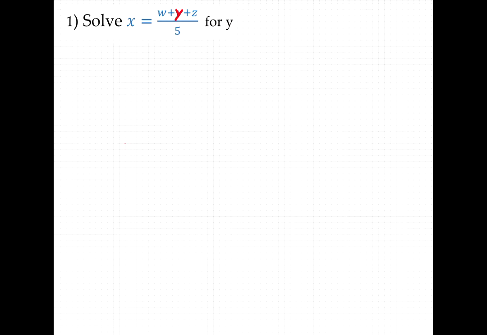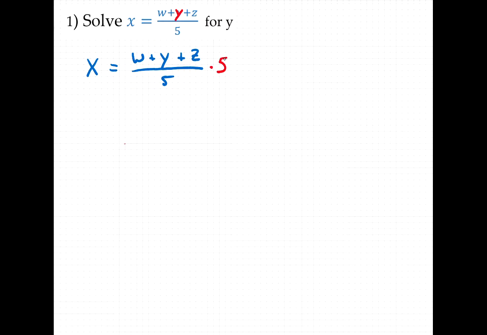All right, so let me rewrite the problem a little larger down here. x equals w plus y plus z, all divided by 5. So we see a fraction. The fraction has 5 in the denominator, and that fraction means division. So we can eliminate that dividing by 5 on the right by multiplying by 5 on the right.